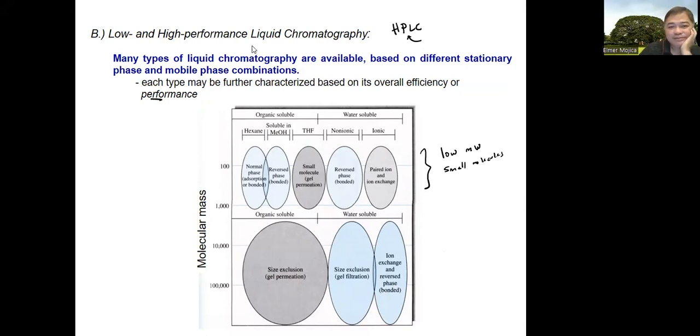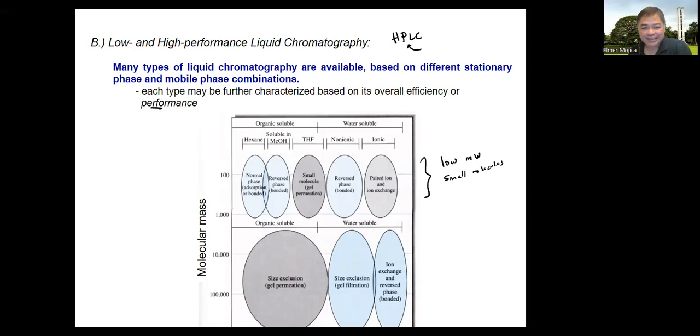Go on, if you're paying attention. What do you think is the main difference between the two? They're both size exclusion. Okay. But when is gel filtration used and when is gel formation used? Anyone?